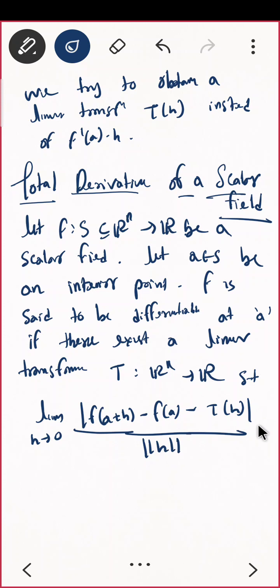That should be equal to 0. This is your derivative, this is the definition of derivative.